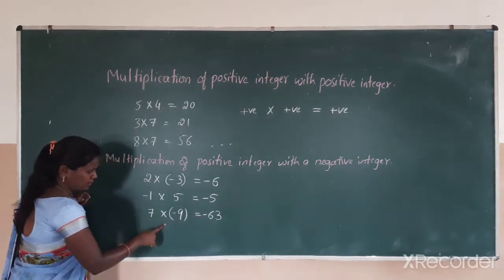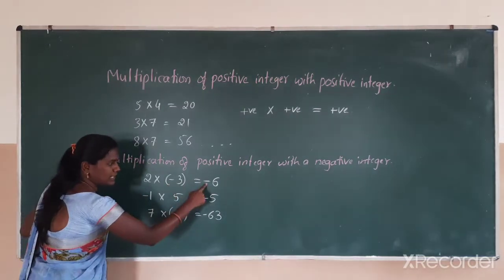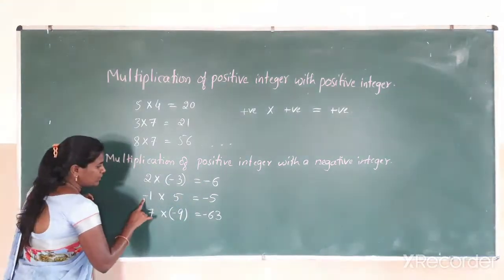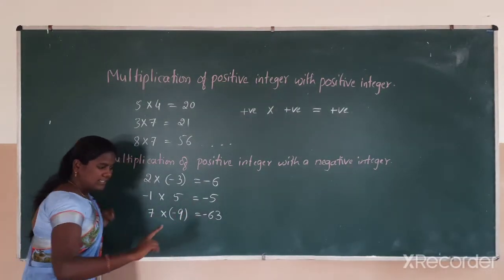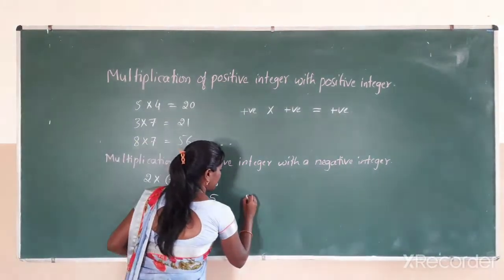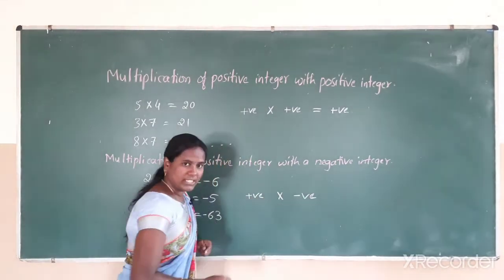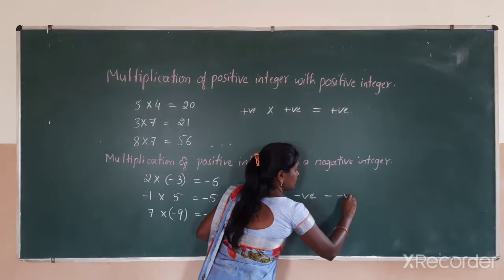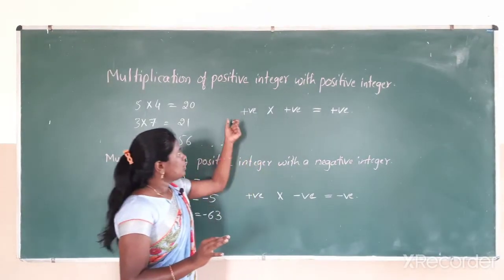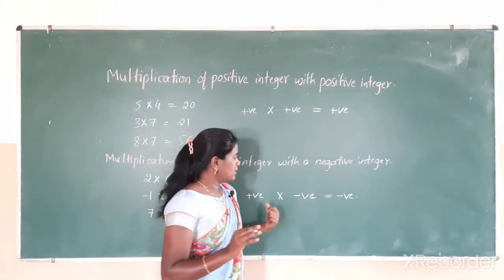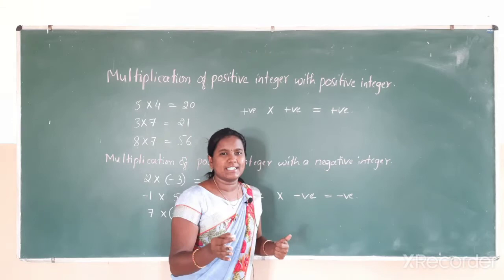If you observe all three, how many negative signs are there? In the first one only one negative sign, so the answer is negative. One negative sign, the answer is negative, and here one negative sign, the answer is negative. So it is clear that when you multiply a positive integer with a negative integer, the product is always negative. Plus into plus is plus, minus into plus or plus into minus is always minus.